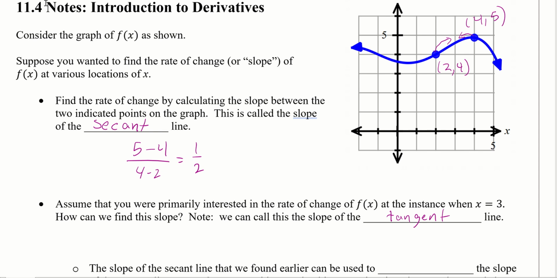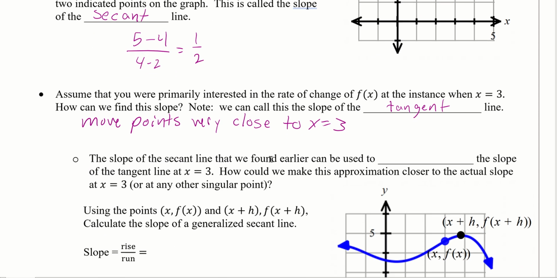Okay, and so we'll put that down. We're going to move our points very close to x equals 3, because that's where I want to find the instantaneous velocity or instantaneous slope right there at x is equal to 3.